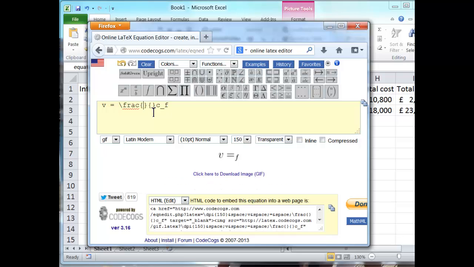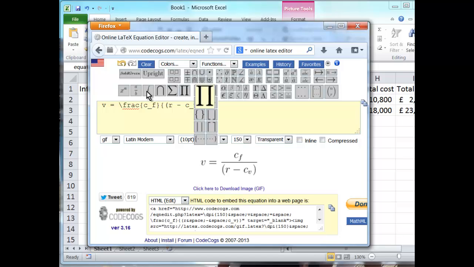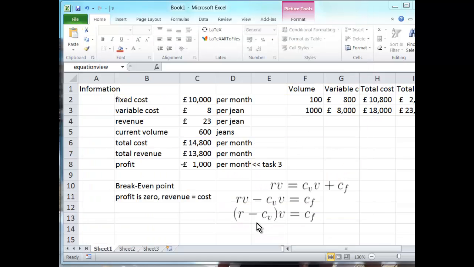Okay, fraction of this and this. Here we've got the fraction as well. And hooray, that's our formula which we need.